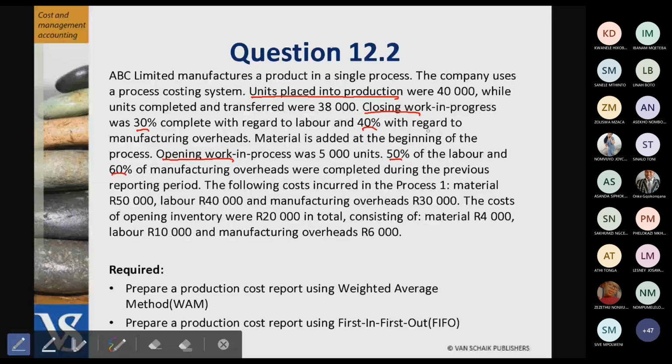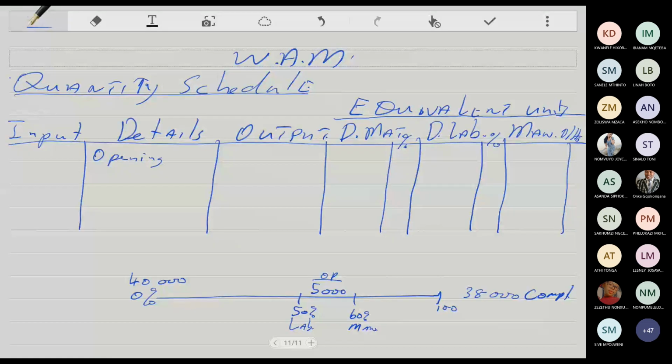You must know that your labor is 30% and 40% in your overheads. So we will show them that we're smart too. So 30% and 40%. So that's where we've got our closing. This is your labor. This is your overheads. So that's your closing. We'll calculate it.